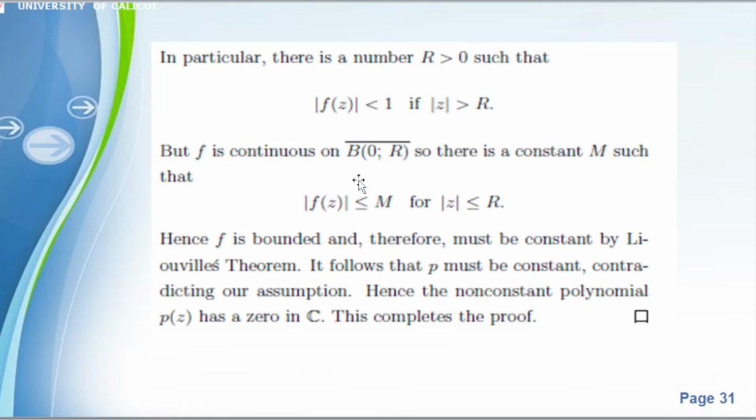But f is continuous on the closed disk B of 0, r, so there is a constant M such that modulus of f of z is less than or equal to M for mod z less than or equal to r. So here f is bounded, and therefore it must be reduced to a constant value. Hence the non-constant polynomial p of z has a 0 in C.